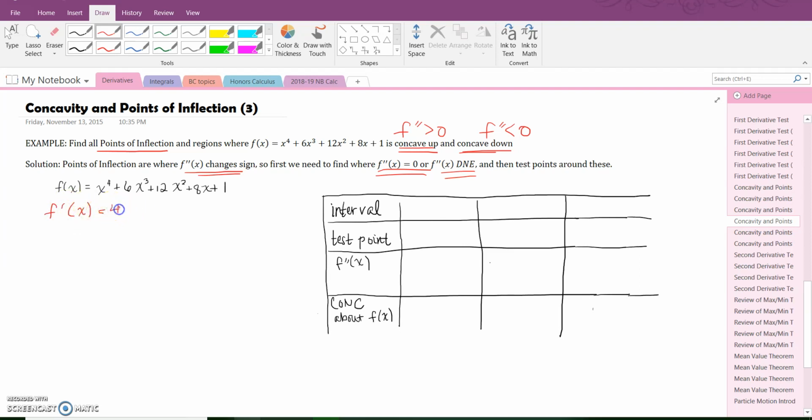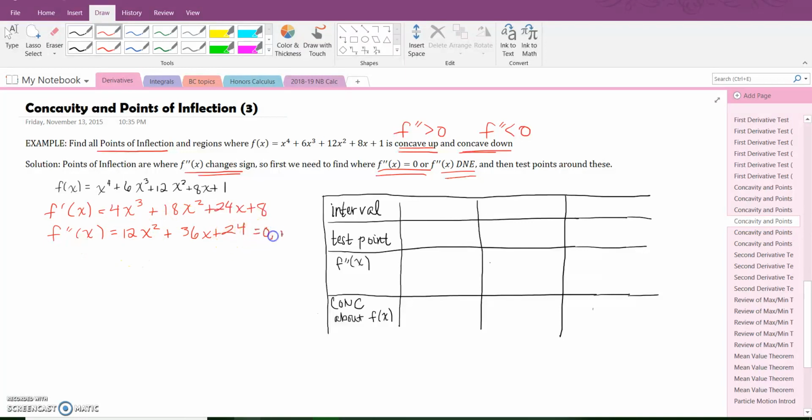So let's find the first derivative first. 4x cubed plus 18x squared plus 24x plus 8. Now we want to know where the second derivative is 0 or dne. So let's keep going here. Plus 36x plus 24. All right, I want to know whether this function is 0 or dne.